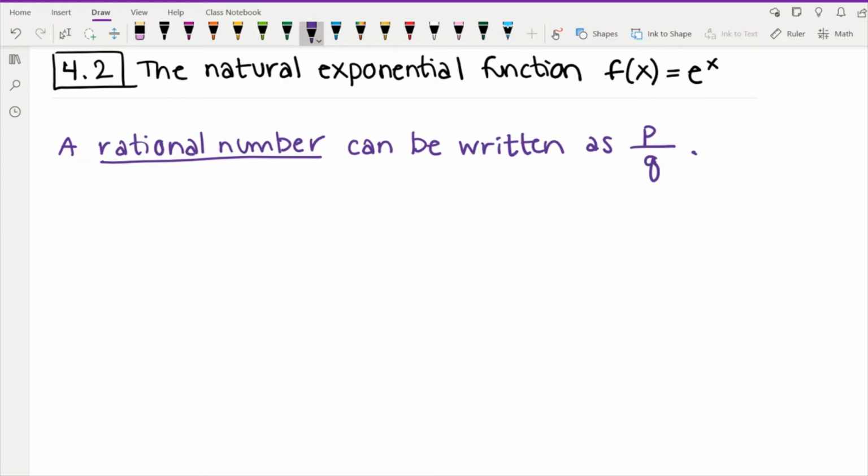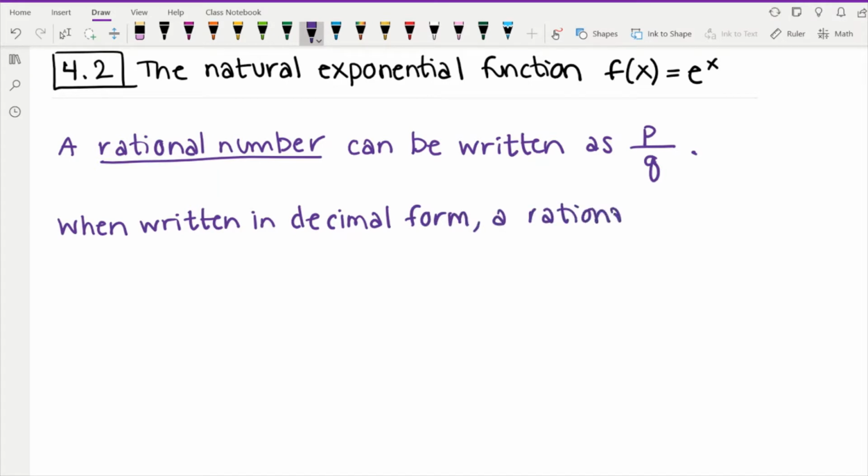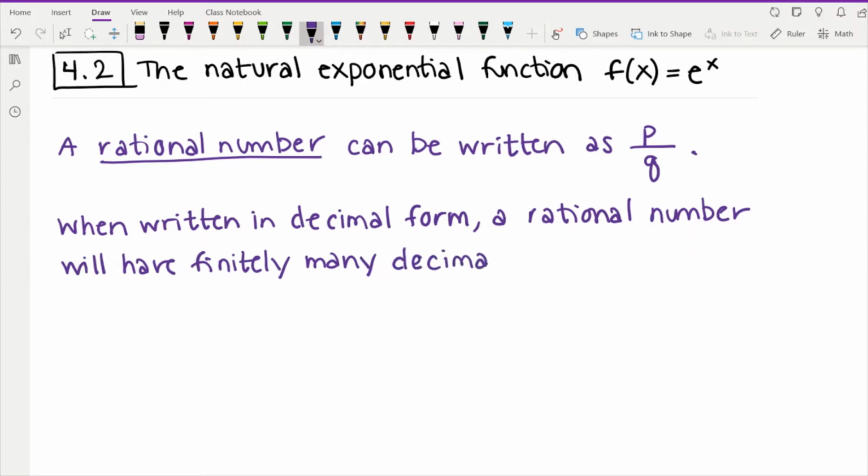So I'll write down some examples of rational numbers in just a second, but one other important thing to know about rational numbers is that when you write a rational number as a decimal, so when written in decimal form, a rational number will have either finitely many, and I'll explain what I mean by that in a moment, decimal places, or if it has infinitely many, they'll repeat with a pattern.